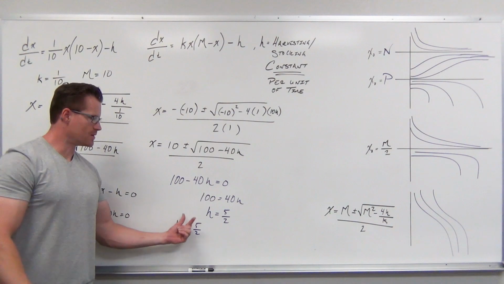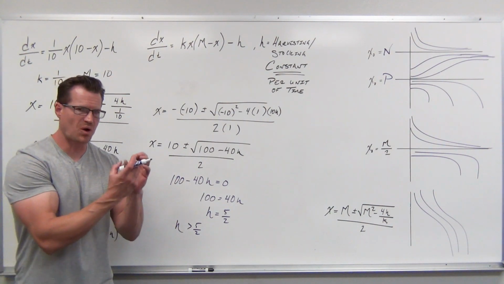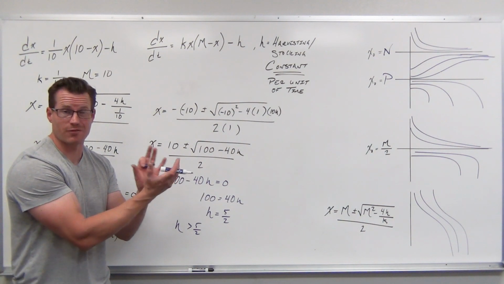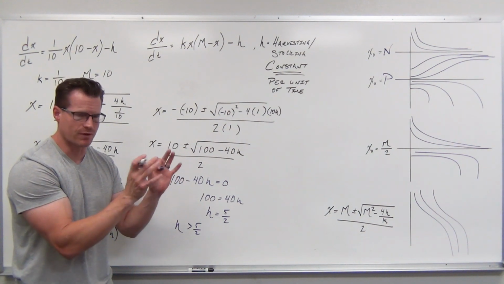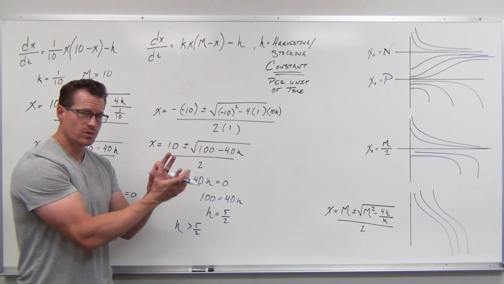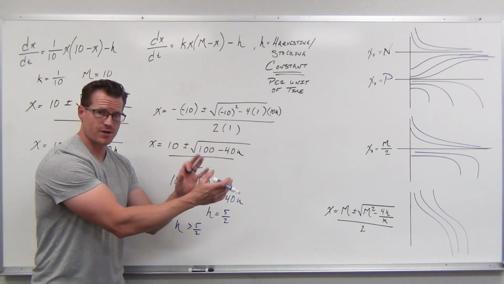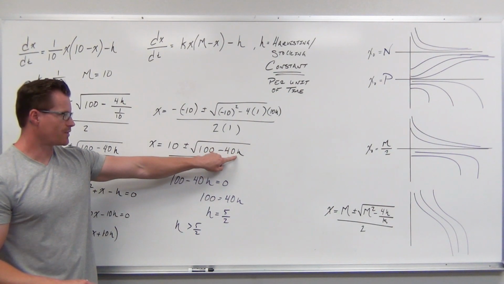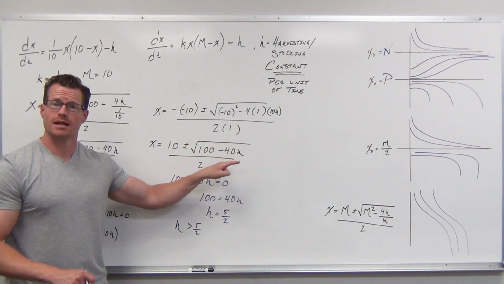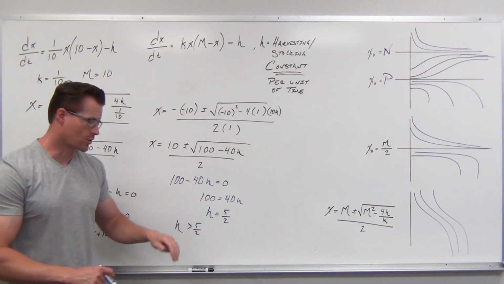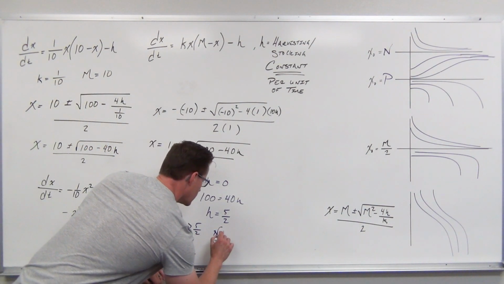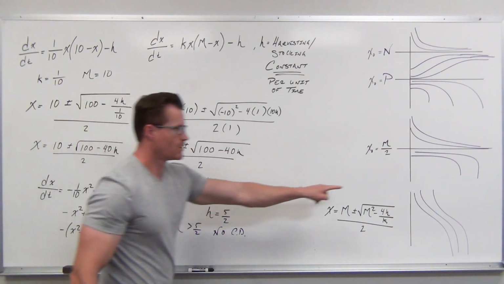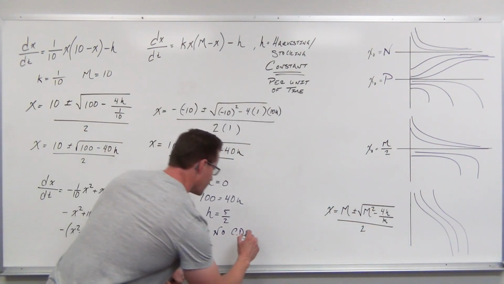If you're harvesting more than 2.5 parts of your population per year, 2.5 hundreds, 2.5 thousands, 2.5 millions, whatever it happens to be, 2.5 units of population per unit of time, if you're harvesting more than that, this is going to be negative. You have no critical points. Your population will die.